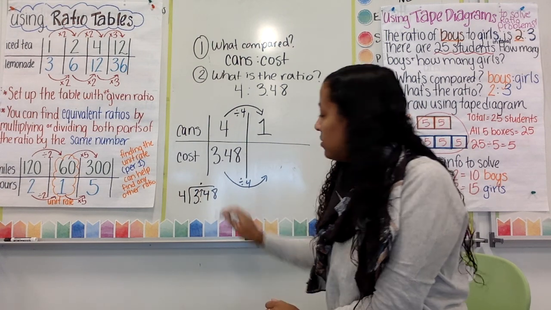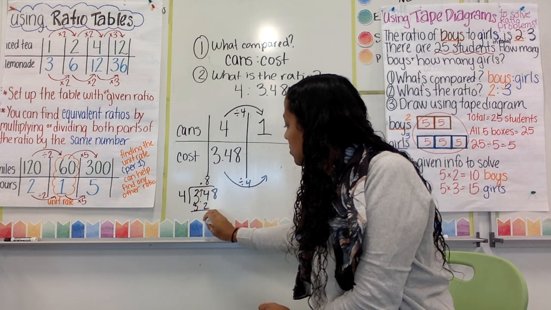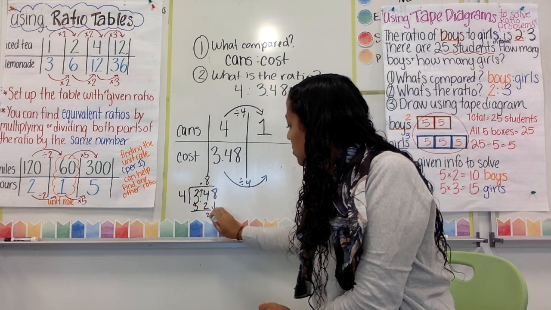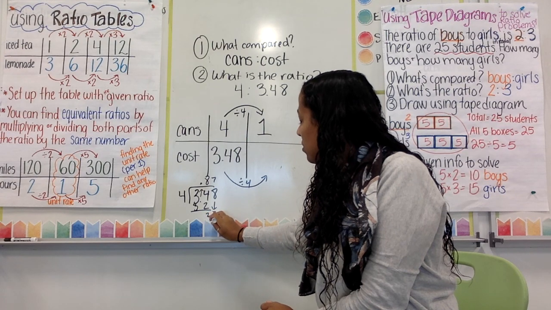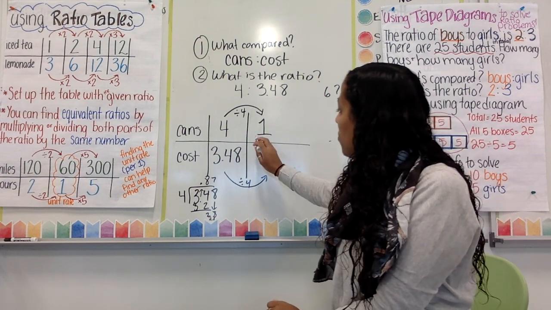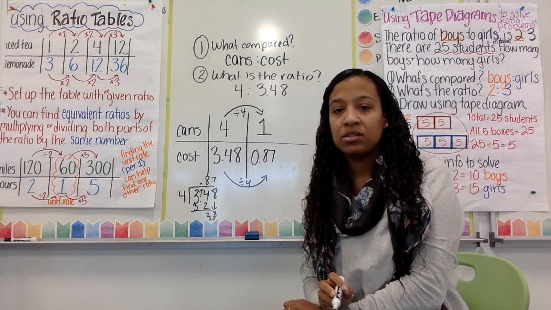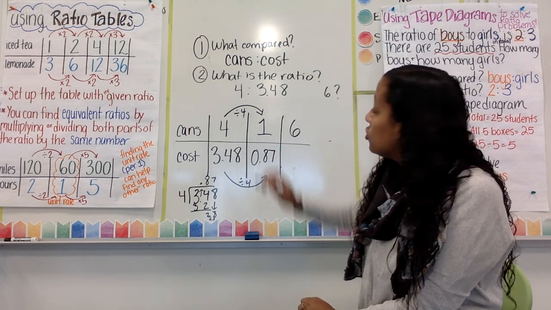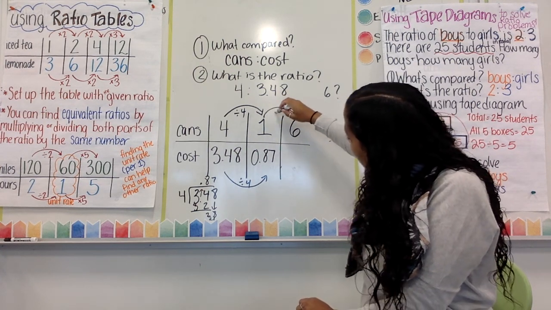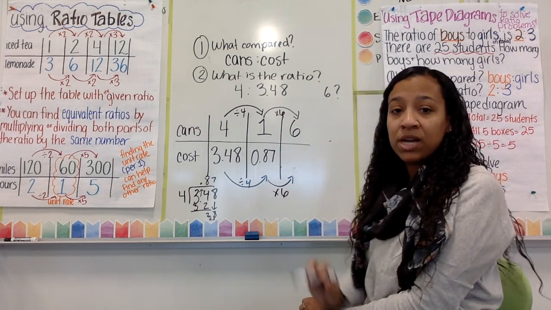Remember my decimal. 4 times 8 is 32. 4 times 7 is 28. So 1 can is 87 cents. But I want to know how much money for 6 cans. So now I'm going to multiply by 6 on both sides of the ratio.